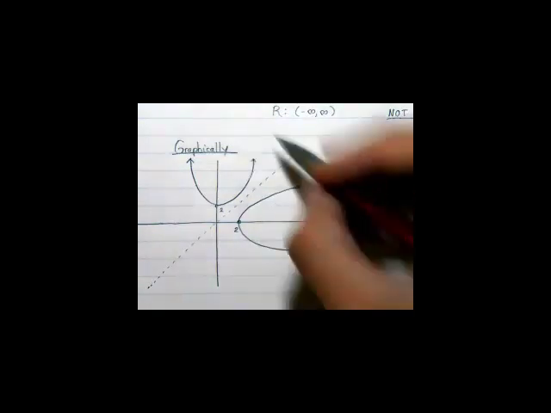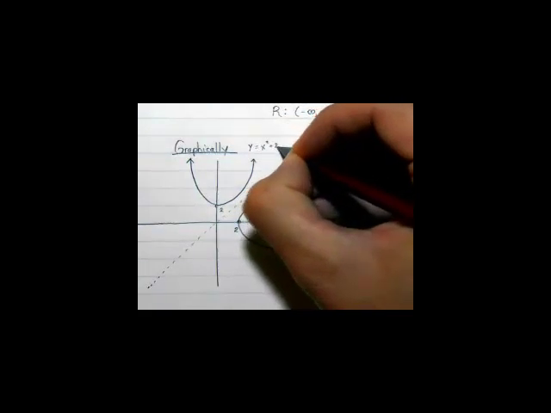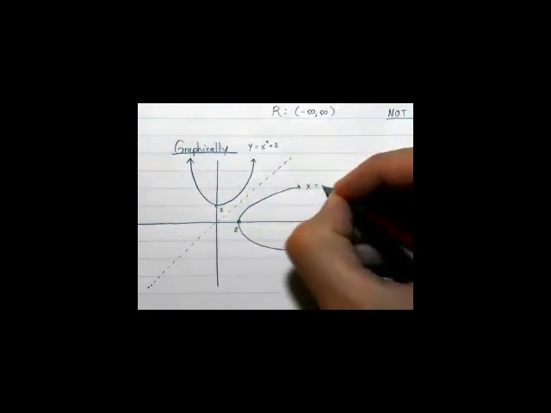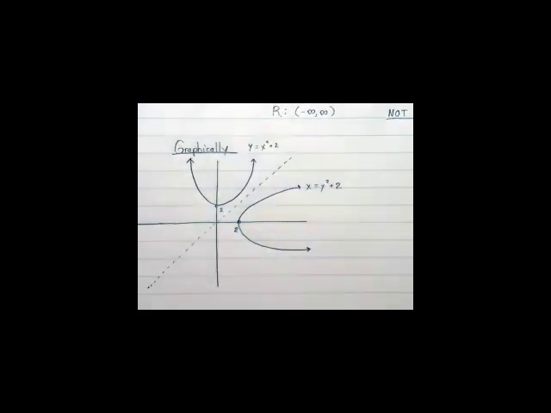So this curve up here, this is the y equals x squared plus 2, and this is the x equals y squared plus 2. Okay? And using algebra, we were able to verify that that inverse was not a function. Look at the graph of the inverse. How can we tell from the graph that it's not a function? Vertical line test, exactly.